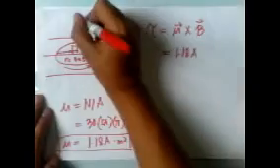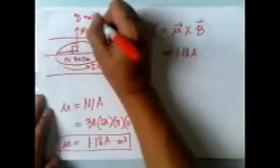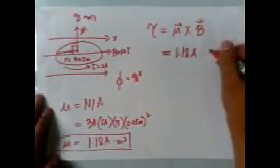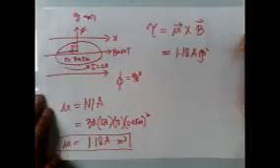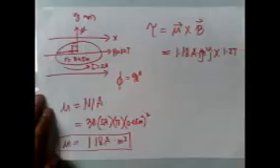So for example, if B is along the x-axis and this is the y-axis, we have j hat, ampere meter squared, cross B, which is 1.2 Tesla directed at i hat.